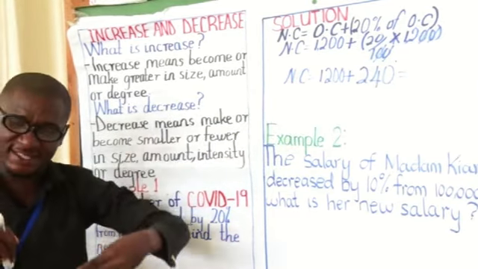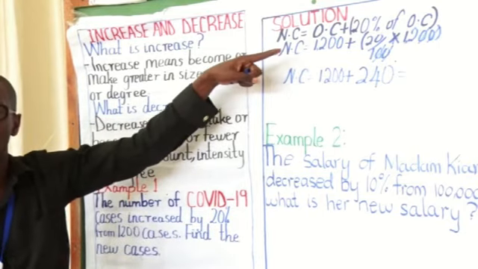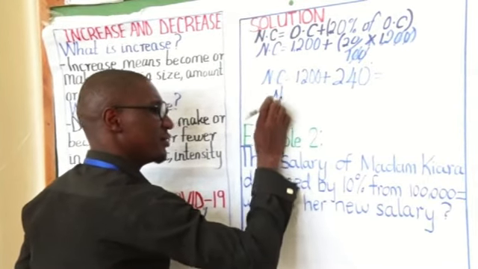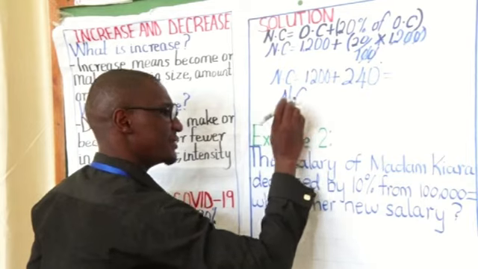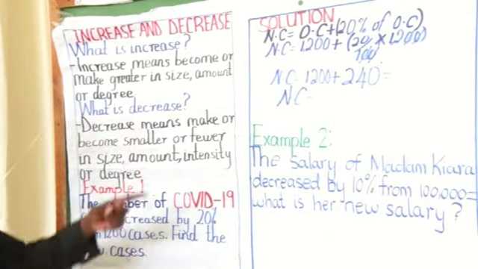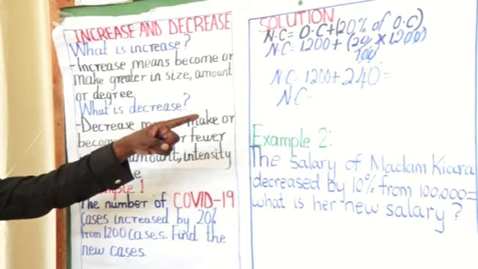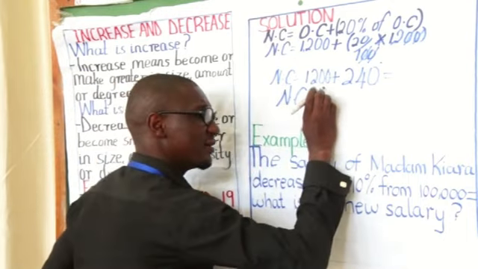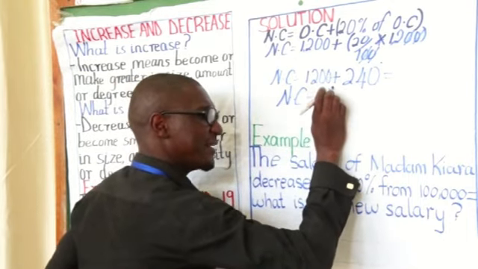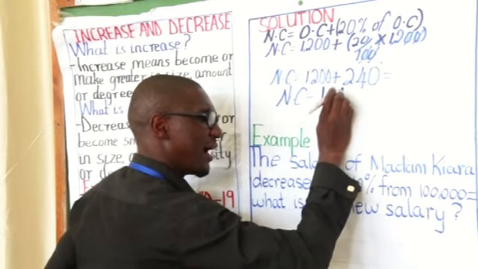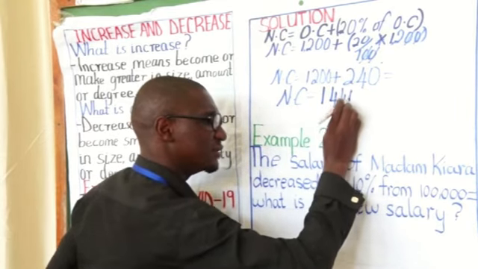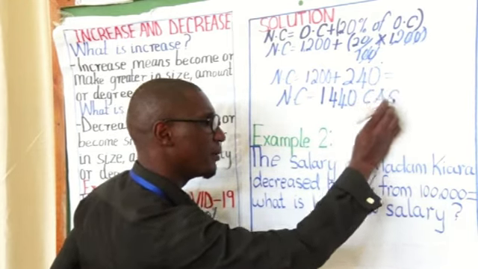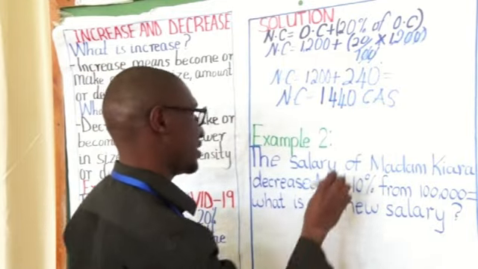Now, to get the new cases, we take the old cases plus the increase, whereby the new cases will be 1,200 plus 240. If you add them very carefully, you will get 1,440 cases.